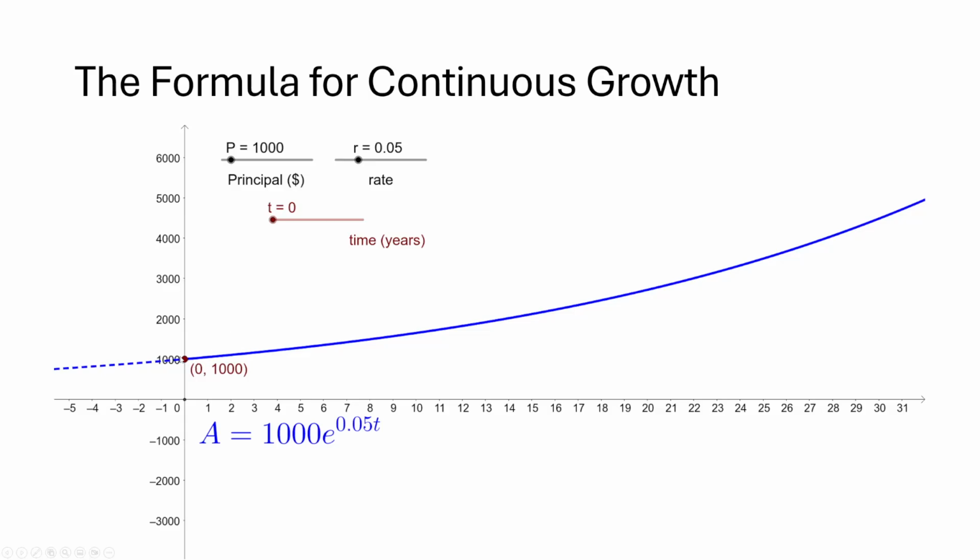The t is the real input here, and we're seeing the total amount A increase based off of our interest rate as time goes by. So if we go with $1,000 with that interest rate of 0.05, after let's say 10 years, we're pretty darn close to the $2,000 mark.